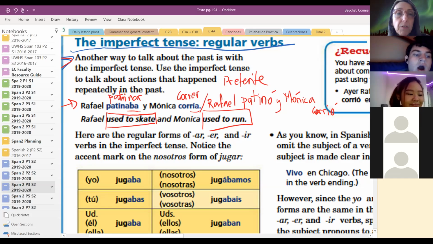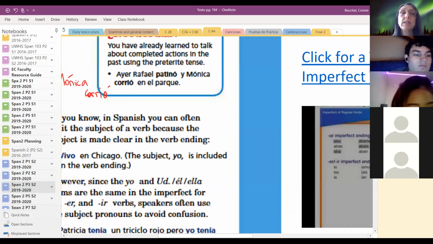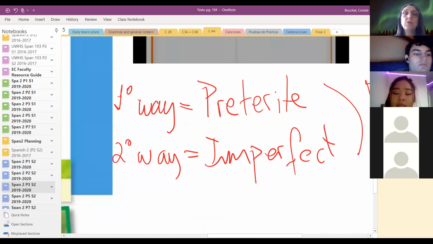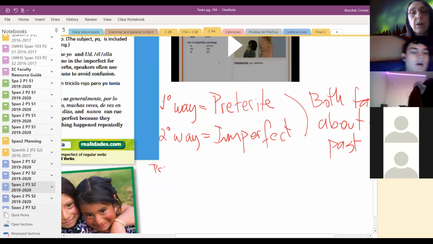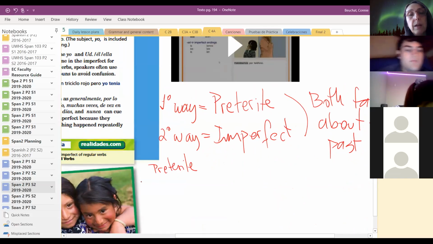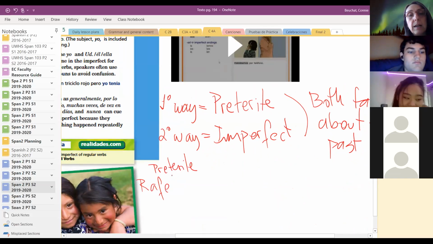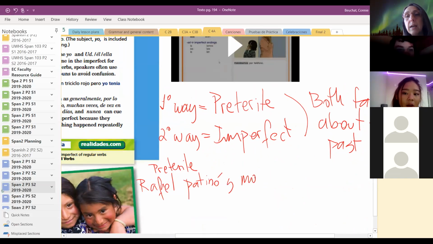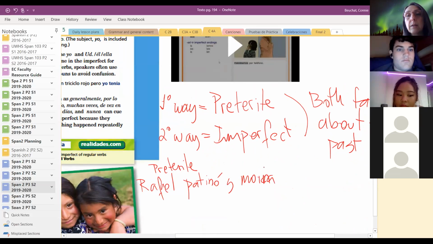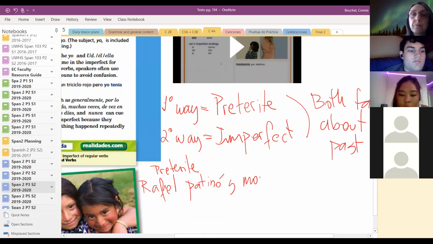If we translate the imperfect, Rafael used to skate, Monica used to run. Let's translate the preterite. So I'm going to put, for example, we have here, preterite, Rafael patinó y Mónica corrió.